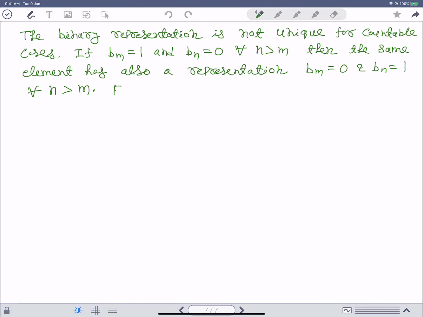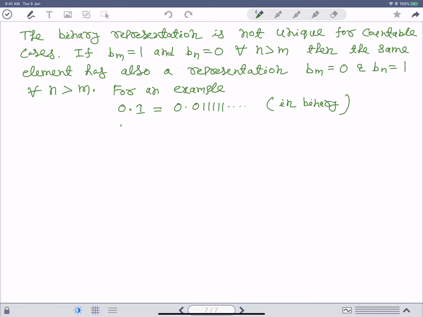So for example, if you have 0.1, then 0.1 is the same as 0.011111 in this way, in binary representation.